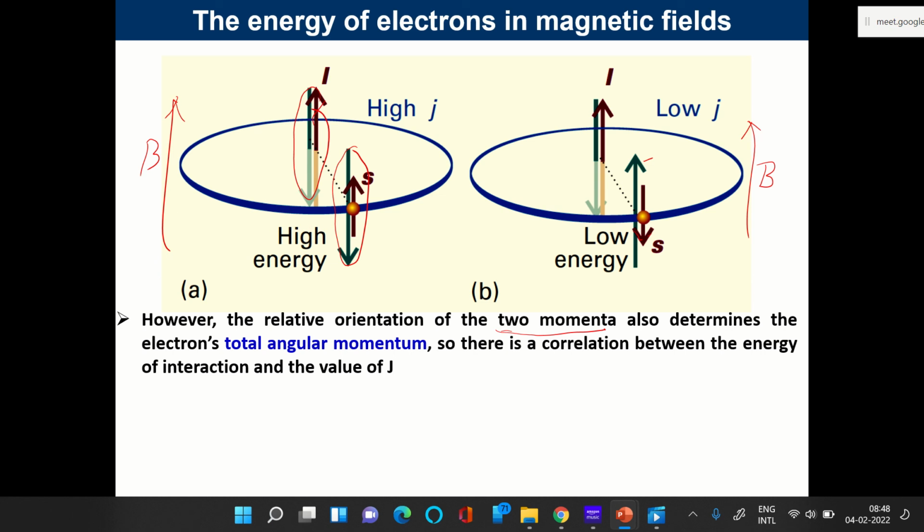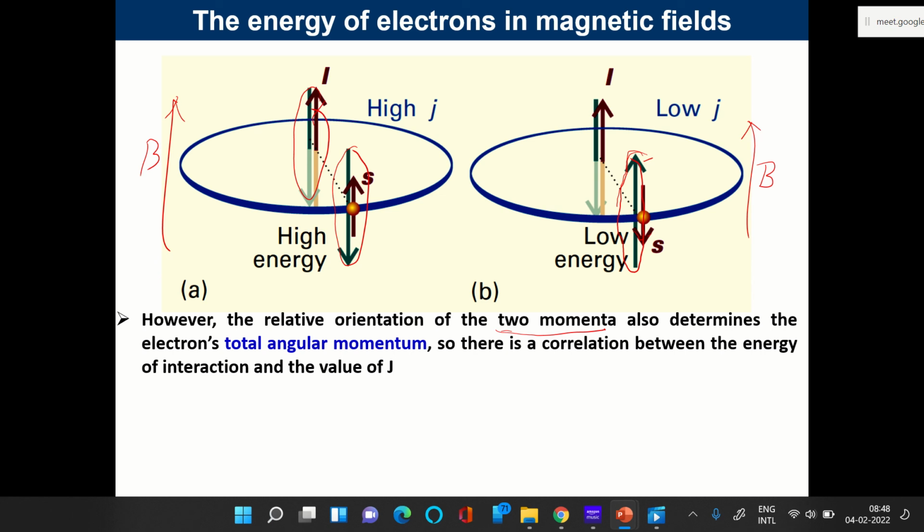So in this one, both the magnetic moments are aligned against the applied magnetic field. This is a high energy situation. They are opposing the magnetic field, so the energy would be high. Whereas in this case, at least one of the magnetic moments is now aligned with the field, and your energy will be lower. The general tendency is that aligning with the field gives lower energy, and opposing the field gives higher energy.